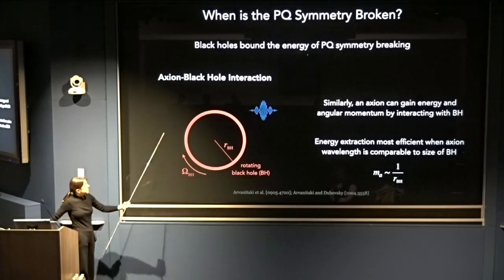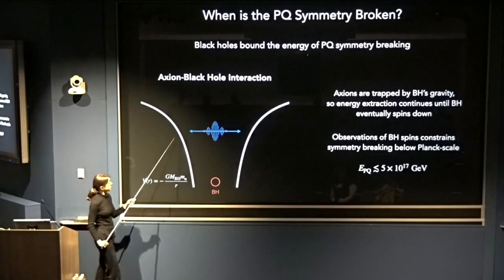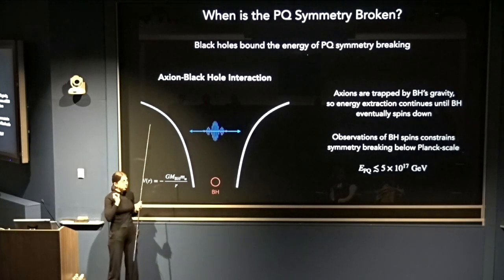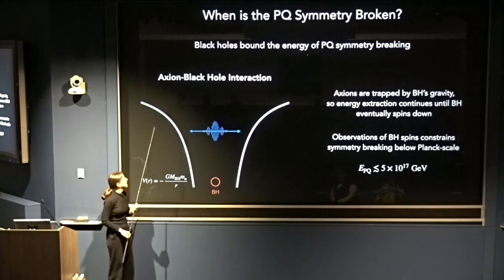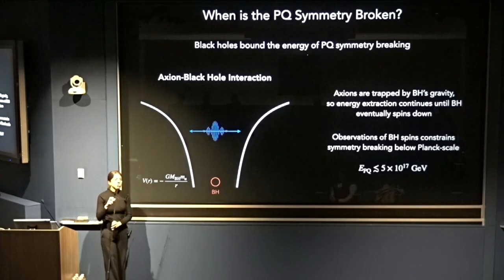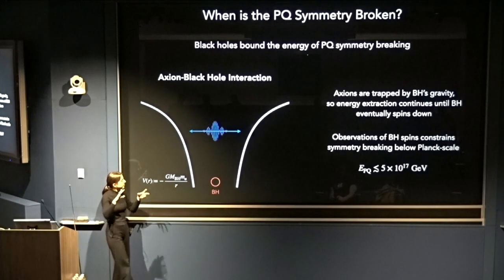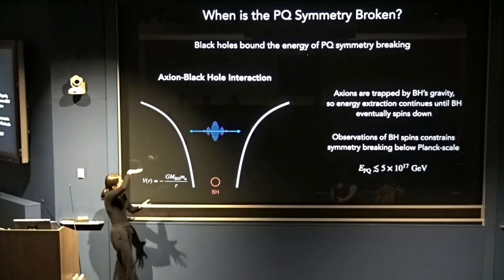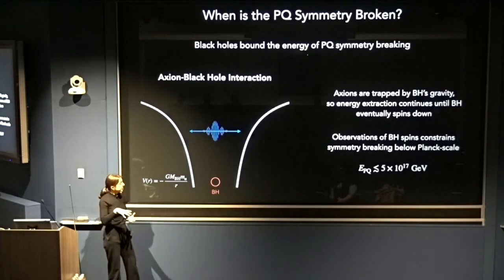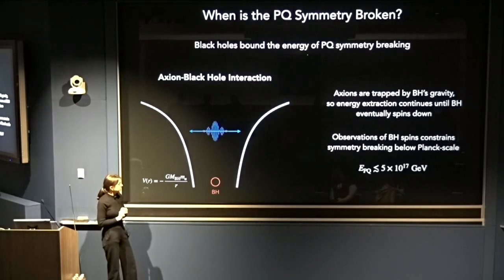It's effectively gravitationally bound to the black hole. So what it ends up doing is bouncing back and forth. Every time it passes by that black hole, it extracts a little bit more energy from it, bounces back, extracts more energy, and just keeps doing this. And so what you ultimately end up getting is essentially this massive cloud of QCD, or really any axion, that's surrounding that black hole, sapping it of its energy and causing it to stop spinning as rapidly as you would anticipate it to spin.